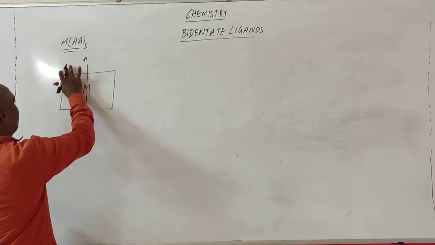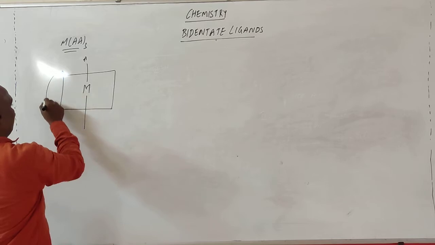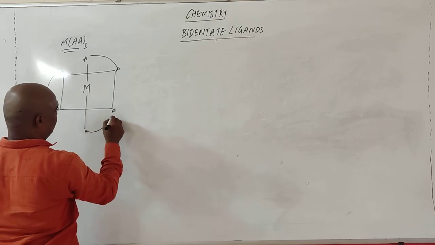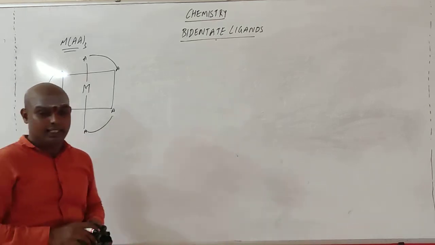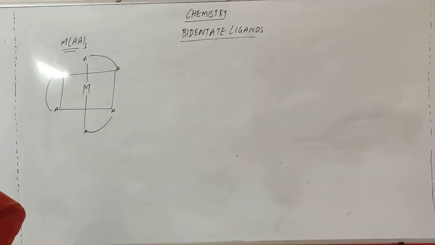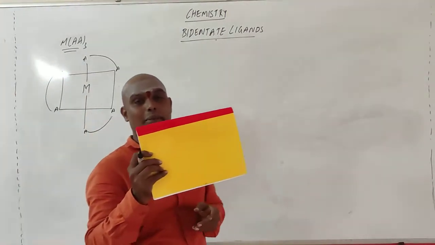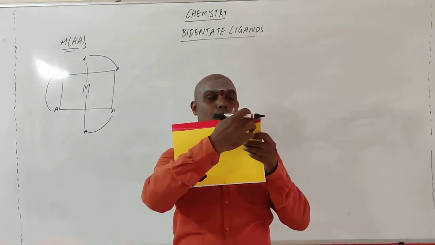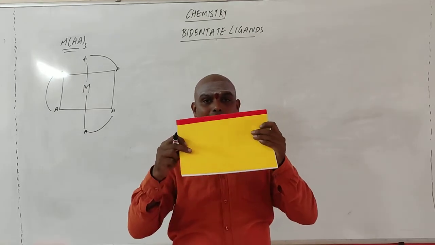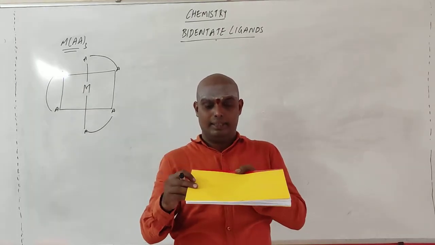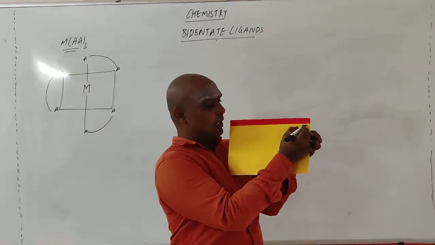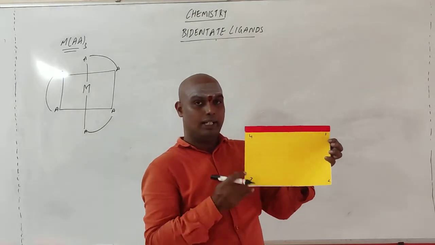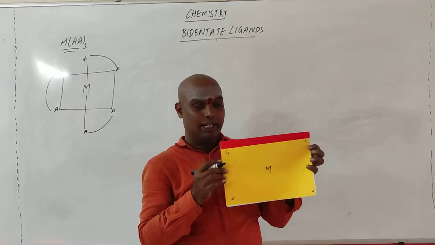So we can take this in this bracket: A, these two one set, these two one set, these two one set. Let me show that. I am assuming several positions around the metal atom: 1, 2, 3, 4, with the central metal atom like this.